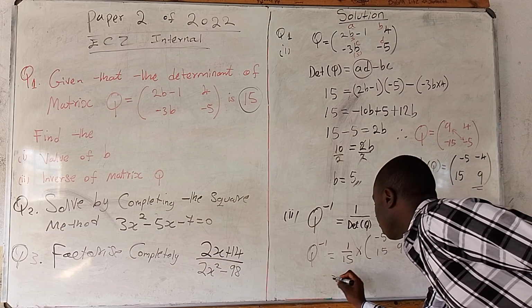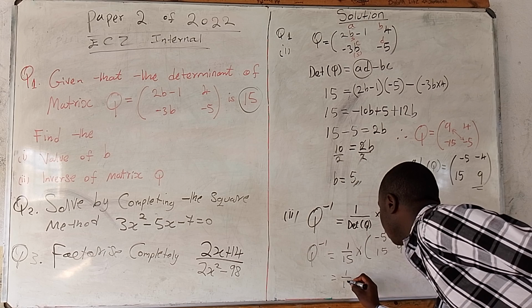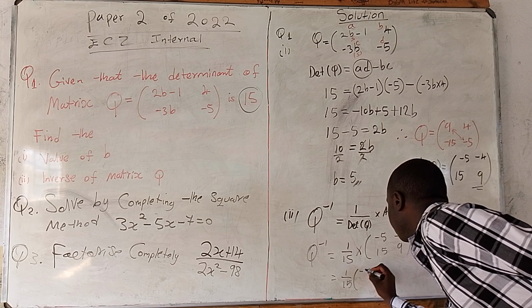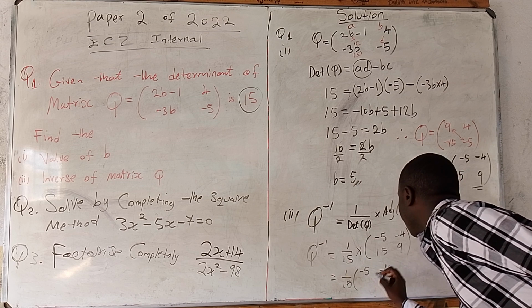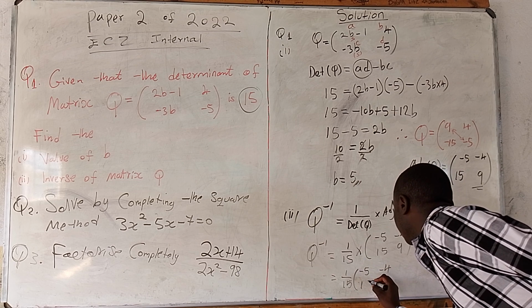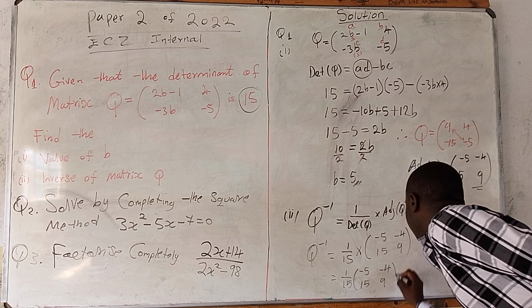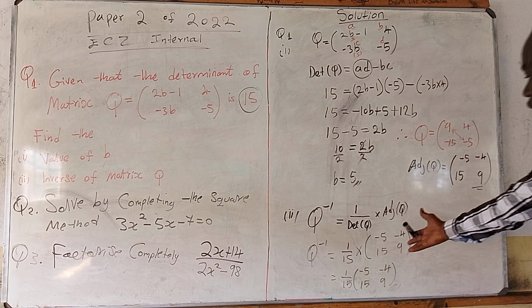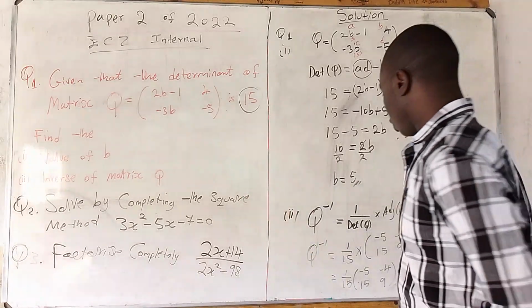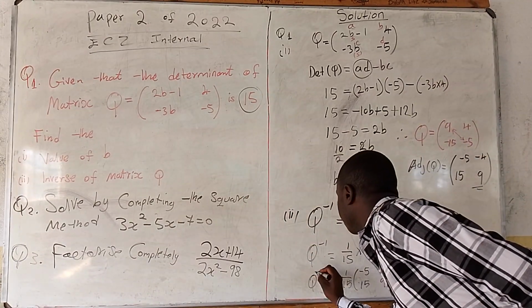You can leave it just as 1 over 15, open bracket, negative 5, negative 4, 15, 9. Good. So that is the inverse of matrix Q.